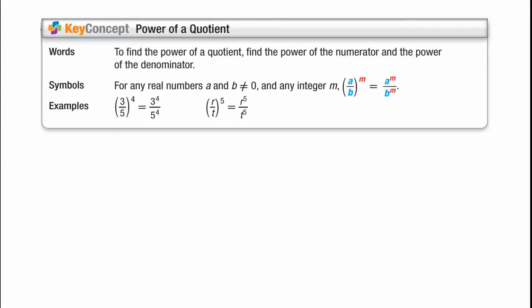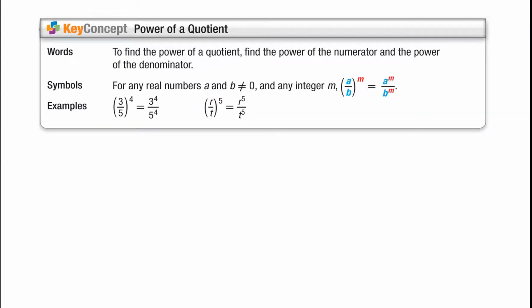Moving over to our next idea, power of a quotient. The power of a monomial distributes. So here, if I have 3 times 5 to the fourth power, that means 3 gets taken to the fourth power and 5. R divided by t, all to the fifth power, becomes r to the fifth divided by t to the fifth.